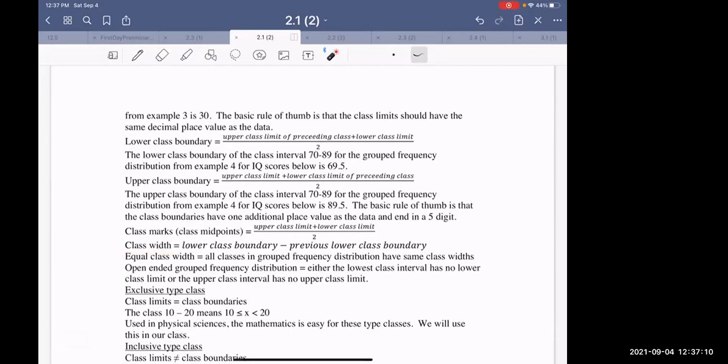The class width is the lower class boundary minus the previous lowest class boundary. I should really say the upper class boundary minus the lower class boundary. That's actually the way it should have been stated.